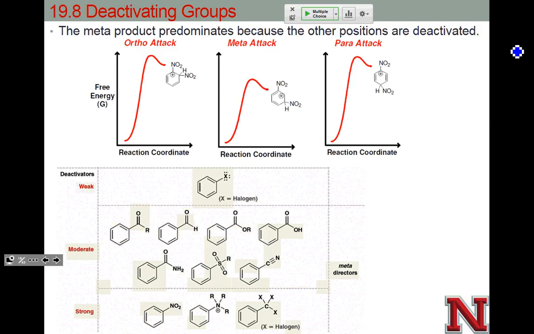This is also why you can do acylation and alkylation with the halogen, because even though it slows down the reaction slightly, it doesn't slow it down enough to where it can't react with acylation and alkylation. But if any of these things are attached on the ring, you cannot do alkylation or acylation. Any of the meta-directors. You can do the other reactions.